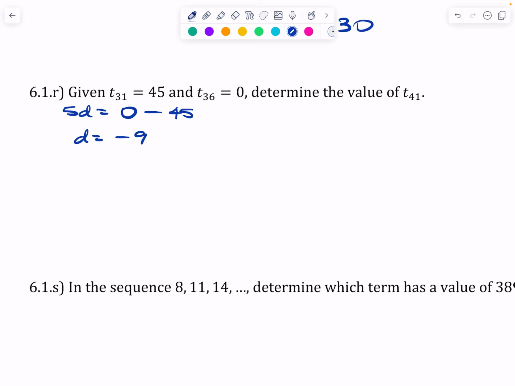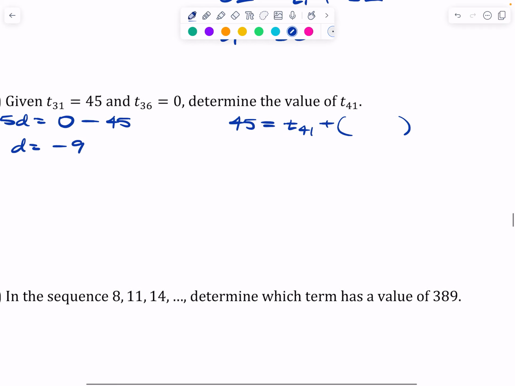Formula says we get term 31 by taking term 41 and adding the difference some number of times. How many times do we add the difference to get from term 31 to term 41? Looks like 10, and that's because that's 41 minus 31.